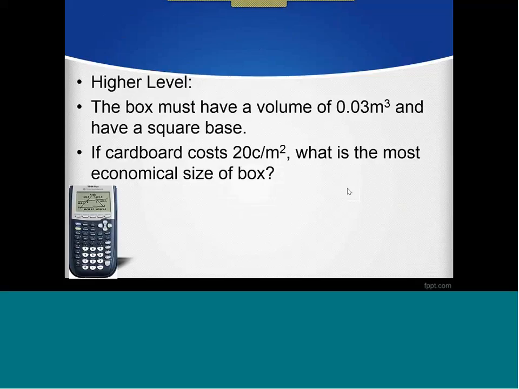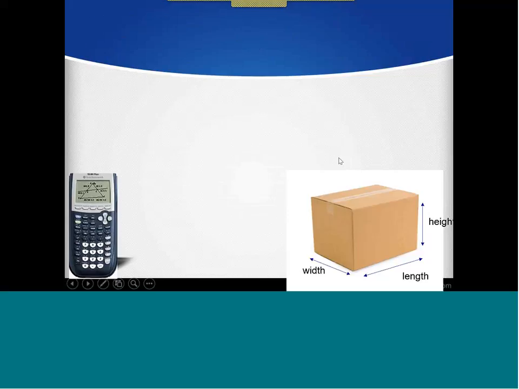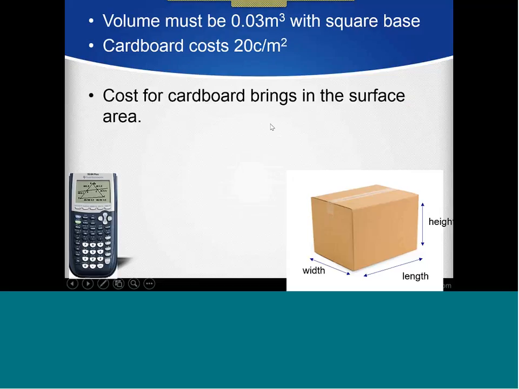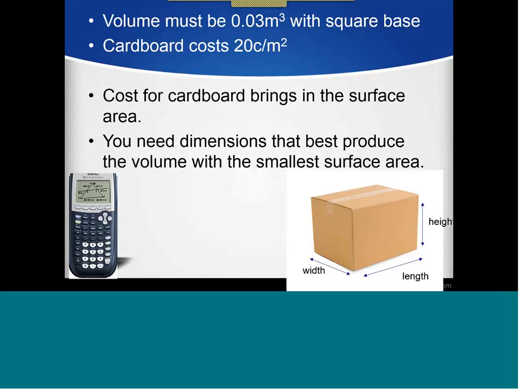So now, with our restrictions and the need for a square base, we're bringing in the fact that the cost of the cardboard relates to surface area. This is where we can start looking at maximization, minimization, optimization, and what dimensions produce the volume that we want with the smallest surface area, while satisfying that we've got a square base.